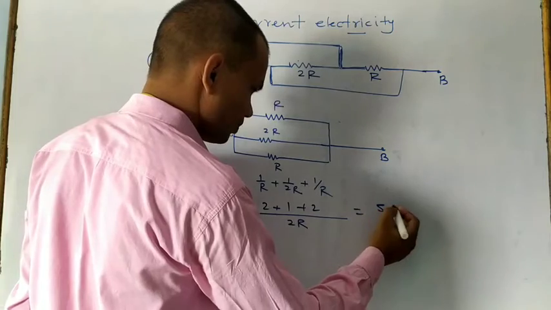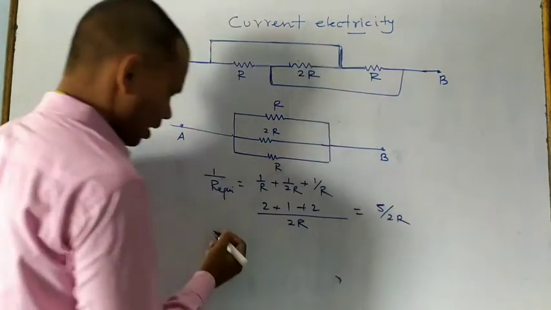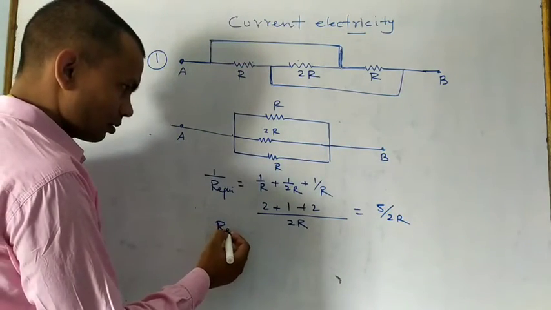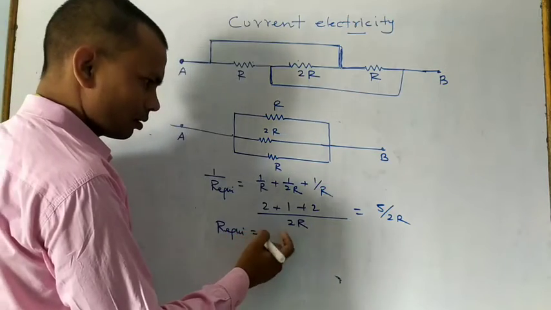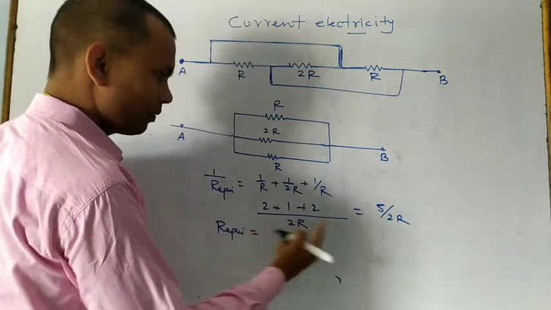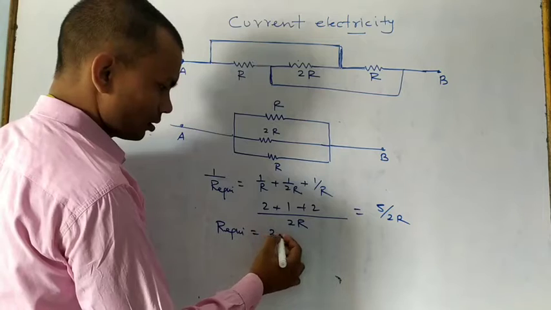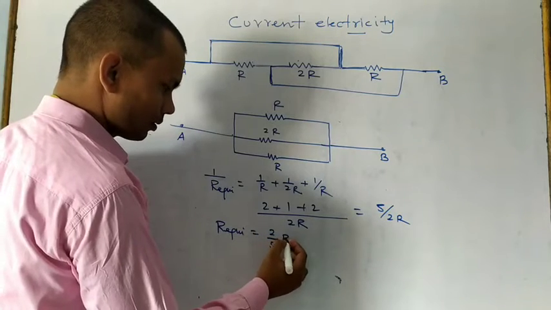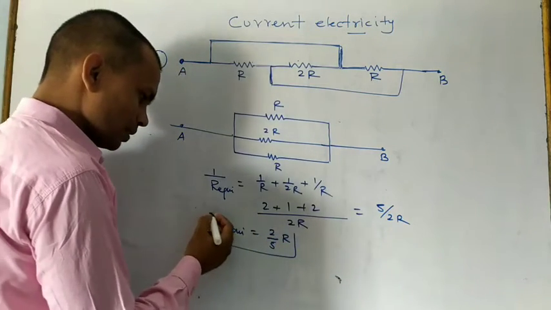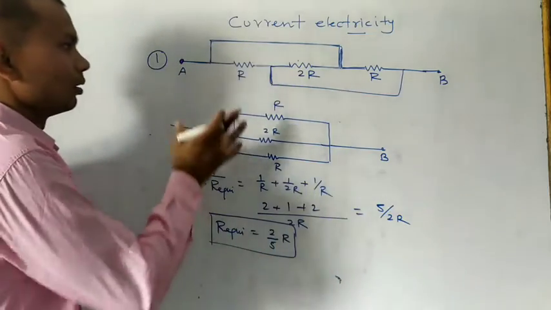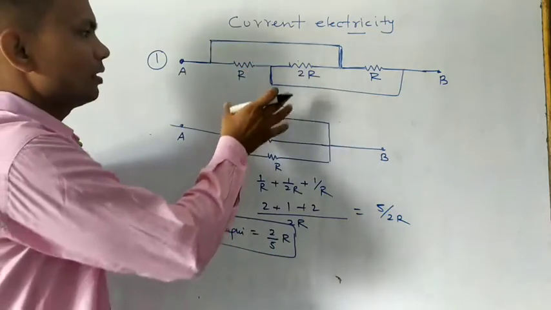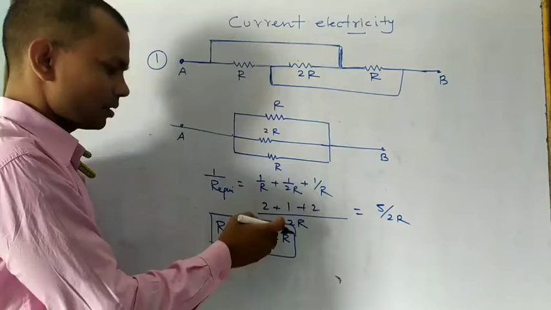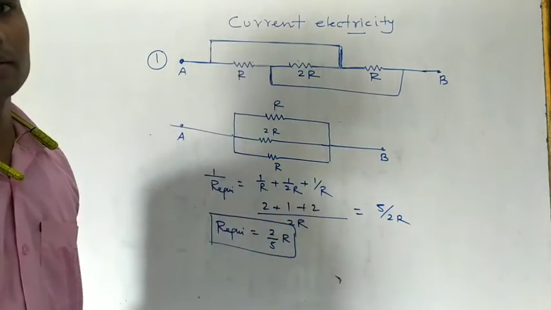So this is 5 by 2R. This is what we will get for 1 upon R equivalent, we just have to reverse. This is 2 by 5 R. So the equivalent resistance of this network is 2 by 5 R, right?